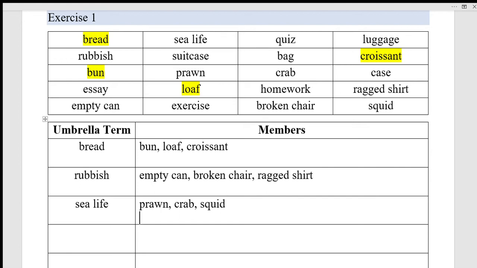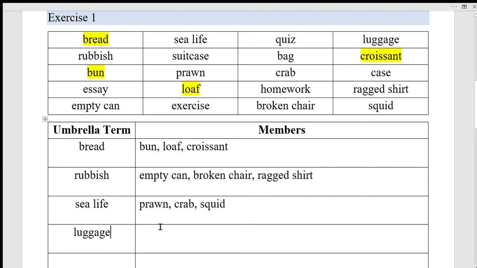Okay, next. What about the next one is luggage. Luggage is an umbrella term. Luggage maksudnya barang-barang yang kamu bawa dengan kamu semasa kamu nak pergi ke tempat lain. Okay?